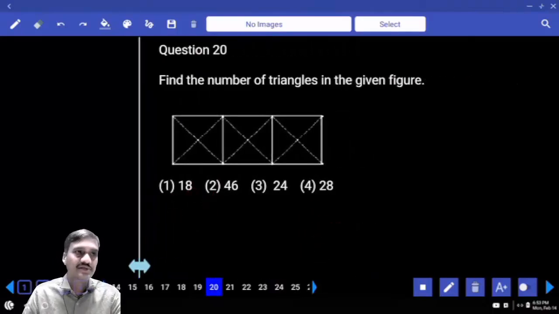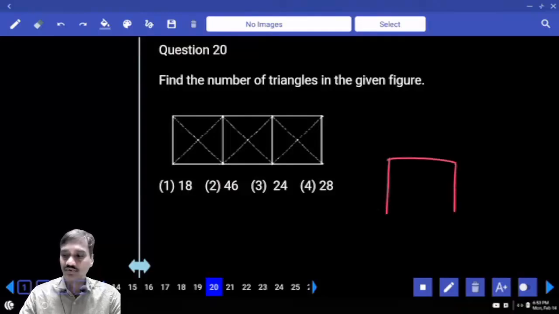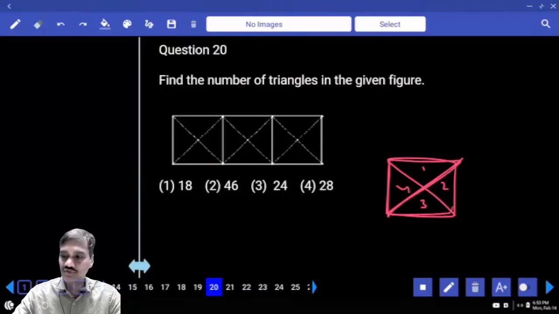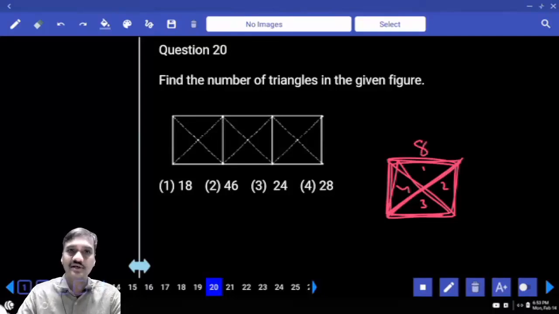Now 20th. Now whenever a square of this type is given, any triangles, tell me? 4 triangles. Now individual triangles 1, 2, 3, 4 and again diagonal to diagonal. This is 1 and this is 2 and this is 3, isn't it? This is 4. Hence in a single one we have 8 triangles altogether.